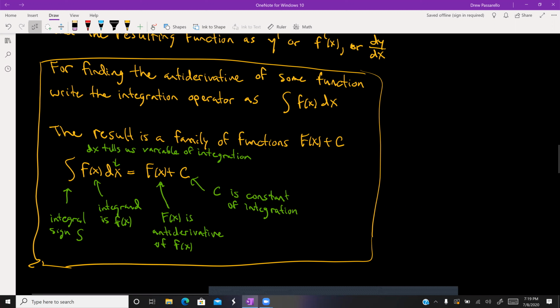The dx tells us what our variable of integration is. The result you get is capital F of x plus c, where capital F of x is the antiderivative of f of x, and c is the constant of integration. So there's always going to be a plus c after we do this, and that is always going to be the case for indefinite integration.